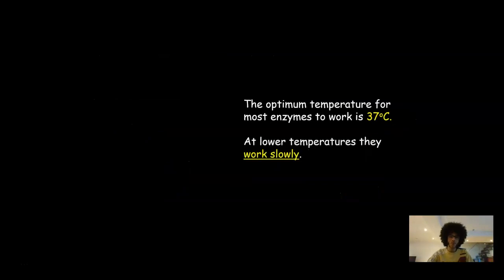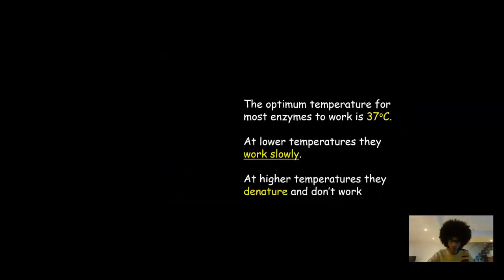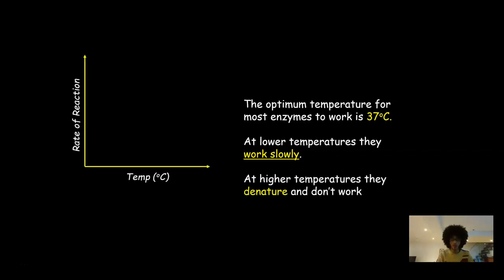Now, the optimum temperature for most enzymes is 37 degrees. At lower temperatures, they work slowly. At higher temperatures, they tend to denature and don't work. So a temperature profile you often get is, if you look at this axis, I've got temperature on the x-axis and rate of reaction on the y-axis. The curve you tend to get looks a little bit like this.